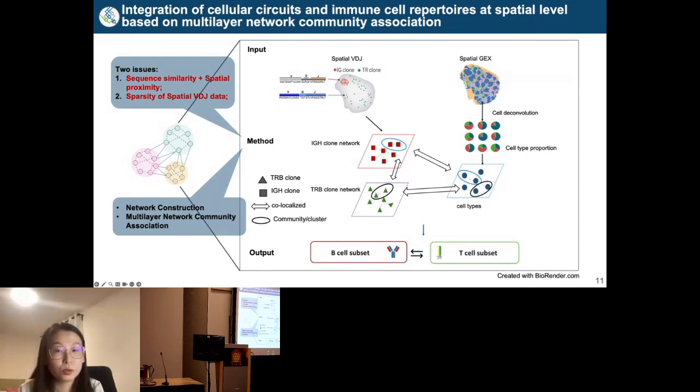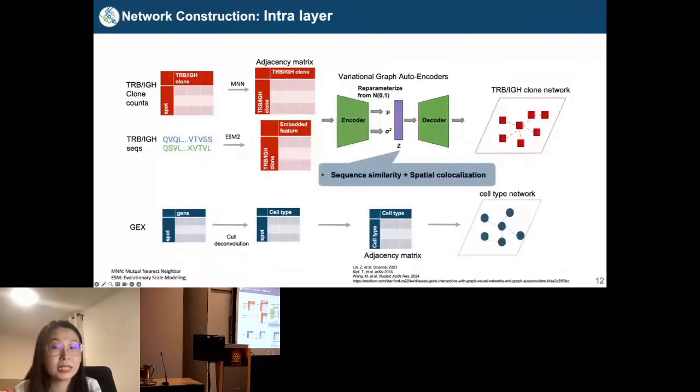To preserve the spatial and the sequencing information for TRB and IGH data, we first constructed a graph based on the spatial count matrix using the mutual nearest neighbor, and then embedded the IGH or TRB sequence for each clone using ISMB. We then use a variational graph autoencoder to reconstruct the IGH and TRB graph.